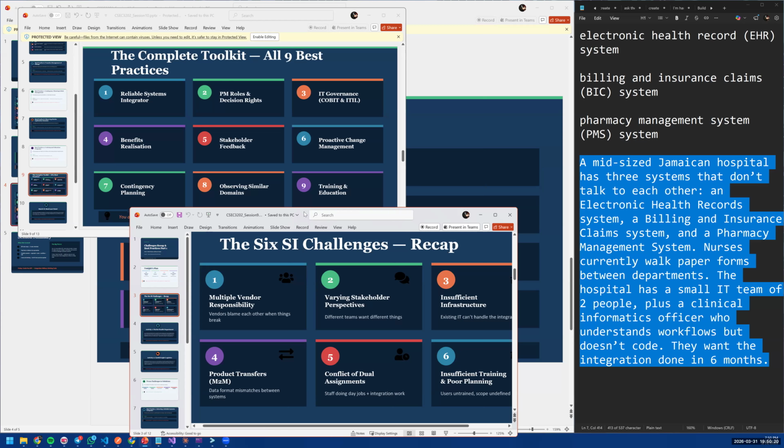And it is a case where if the IT team cannot make everybody happy, it might end up in a failed integration. So a best practice that would be used to combat this is stakeholder feedback or feedback elicitation. Being able to get feedback from all of the stakeholders so that at every point in the project, everybody knows what the goal is.